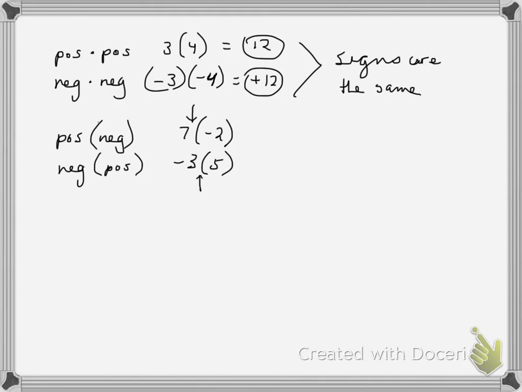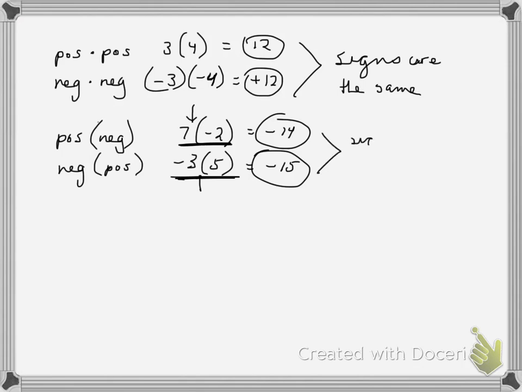That's sometimes a little challenging for students. This becomes a positive times a negative. The answer will be negative, and 7 times 2 is 14. A negative times a positive, the answer is also negative if the signs are different, and 3 times 5 is 15. So when the signs are different, the answer is negative.